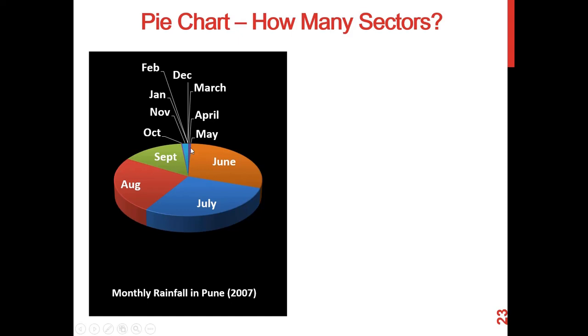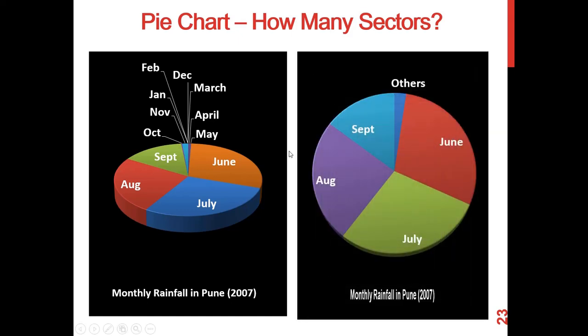Because we can't really even figure out what is the contribution of each petal. So ideally, we should do something like this: June, July, August, September, and then all others combined in one small sector. Okay. So in a pie chart, we should always keep in mind that only the important categories should be in sectors. Rest of the categories can be clubbed as miscellaneous or others, something like that.